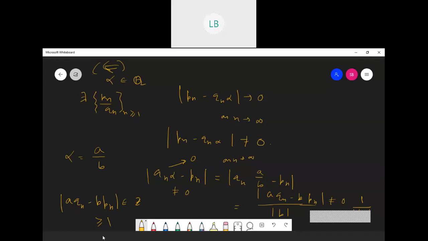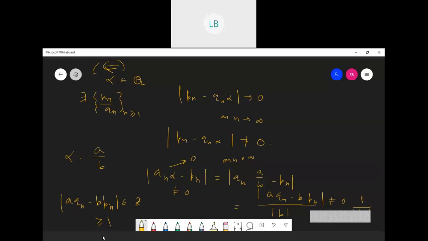Is it clear to all of you? Let me know quickly. So which part? Okay, so q_n alpha minus p_n is equal to this thing, right? I just replace alpha by a by b, so it is equal to (a q_n minus b p_n) by b. Now a q_n minus b p_n is never equal to 0 because this term is never equal to 0.